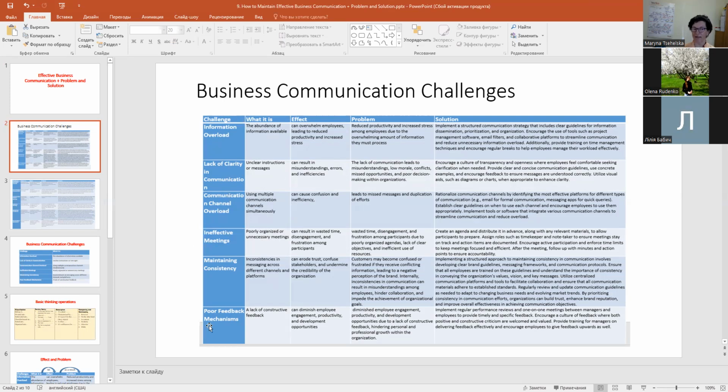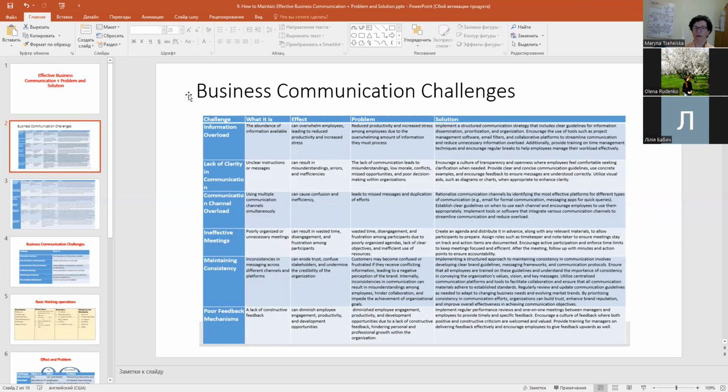And the list is completed with maintaining consistency and poor feedback mechanisms. Maintaining consistency is about inconsistent messaging, while poor feedback mechanisms is about the lack of constructive feedback.